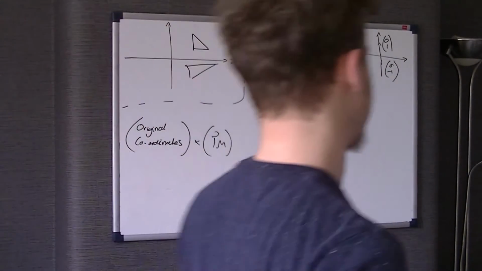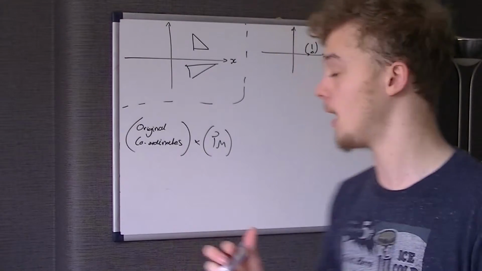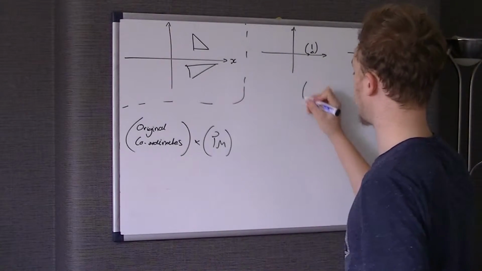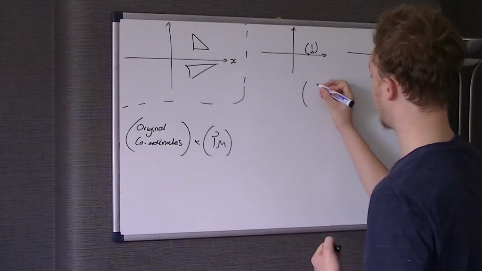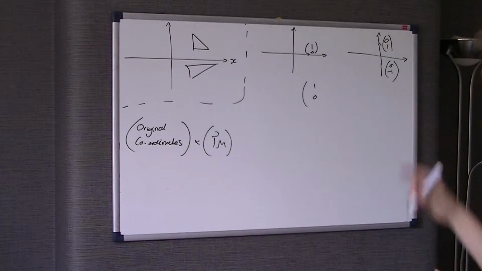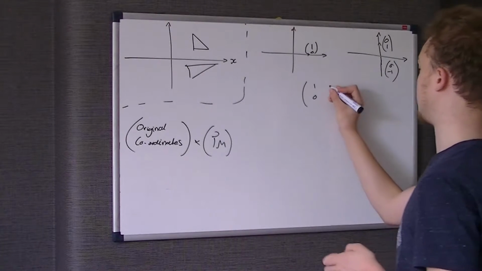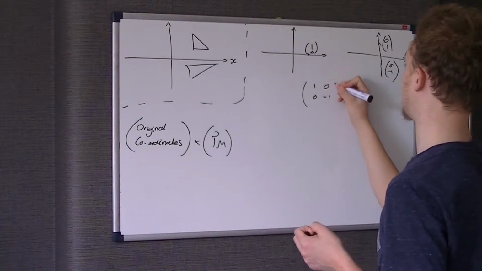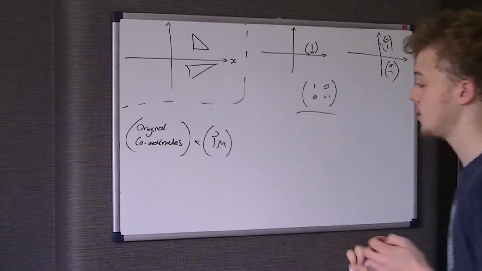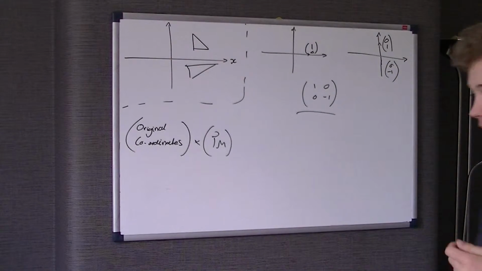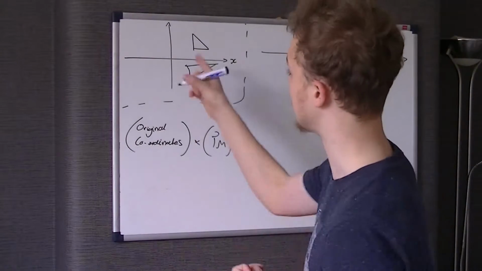The first half is the result of the i unit base vector, but because it doesn't move, we still write it as 1, 0. But because the j component has been reflected in the x-axis, it's 0, minus 1 as opposed to 0, 1. So that's your transformation matrix, and you would put in whatever coordinates you had for this shape.